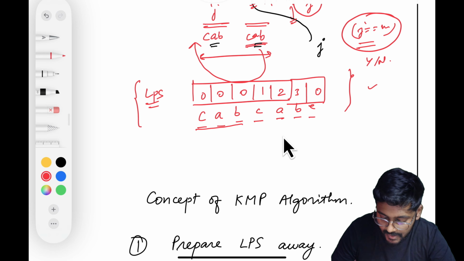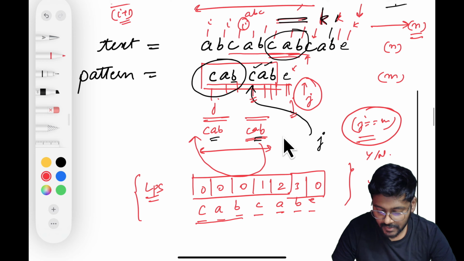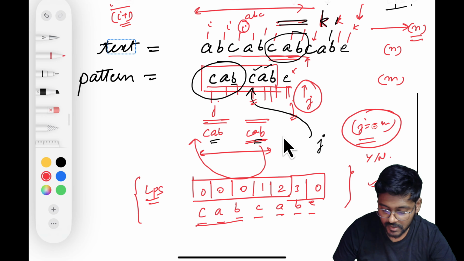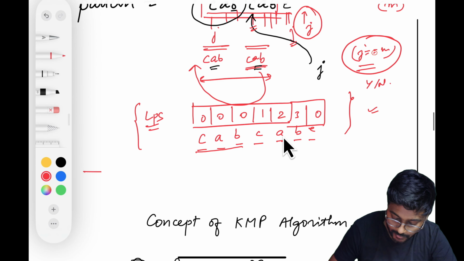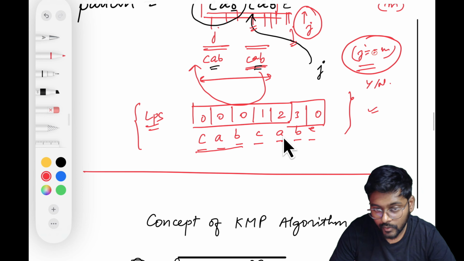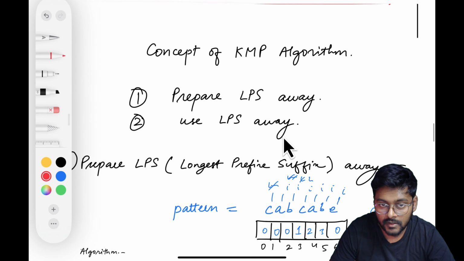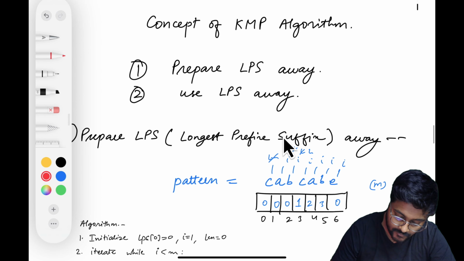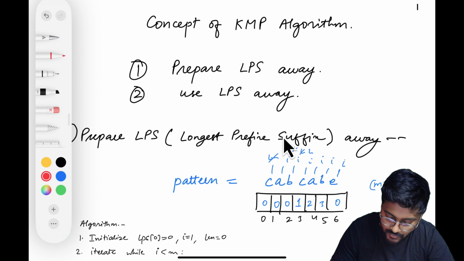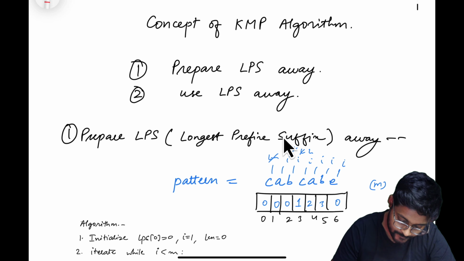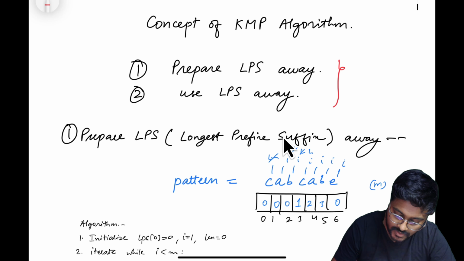So this LPS array you have to prepare first, and then you have to use that LPS array to search into the pattern. If you are not able to understand it, we are now going to see the concept of KMP step by step. Firstly preparing the LPS array and then using the LPS array. These are the two major steps.